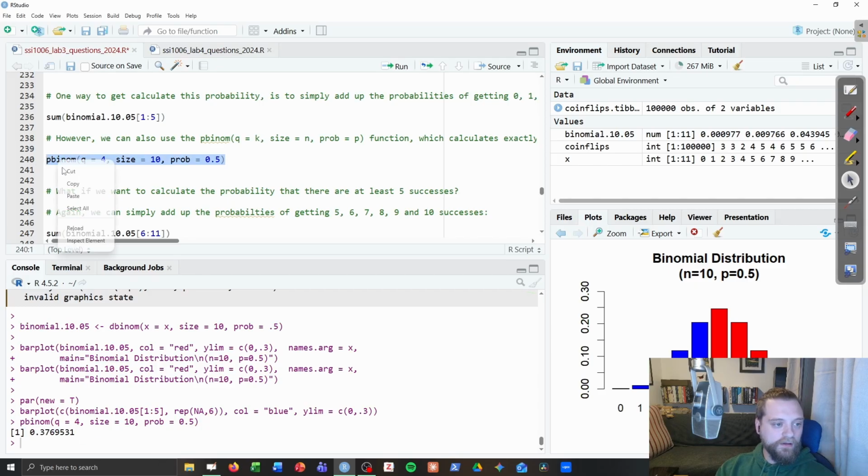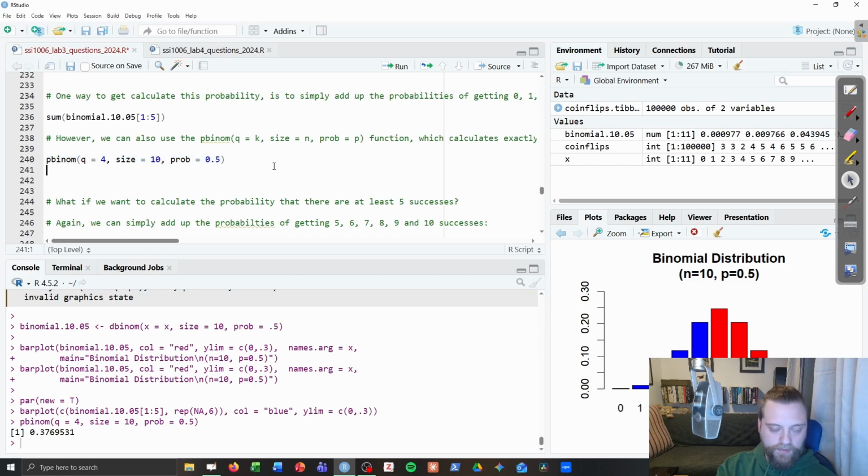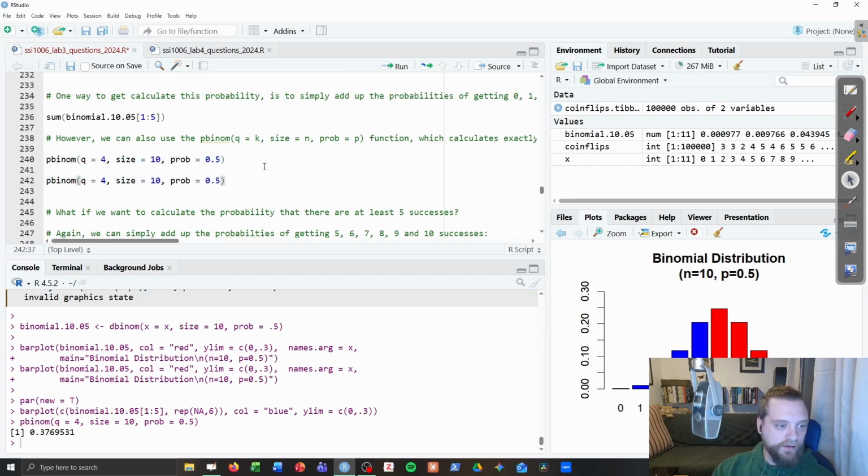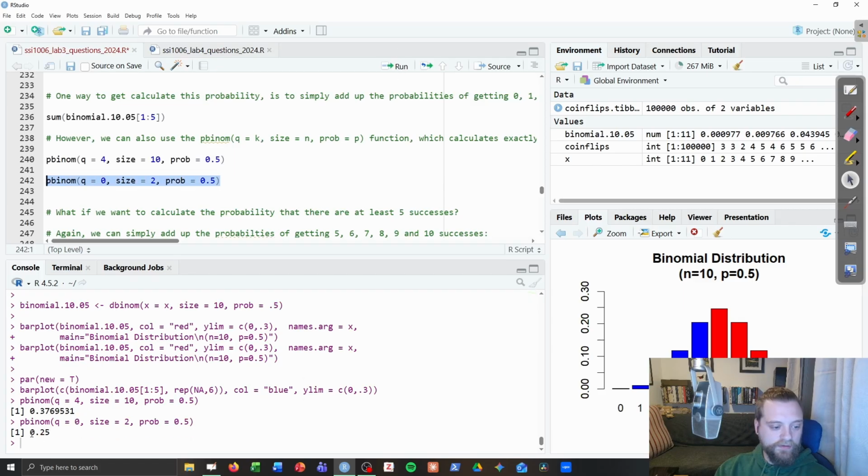Again, though, let's try it with our example that we've been using. So here's our q. So we're going to have a q of, let's say, 0, and our size is 2. So that will return the outcome 0.25.